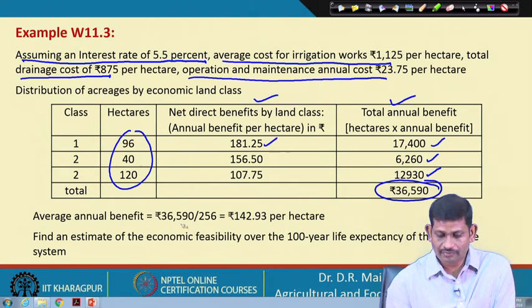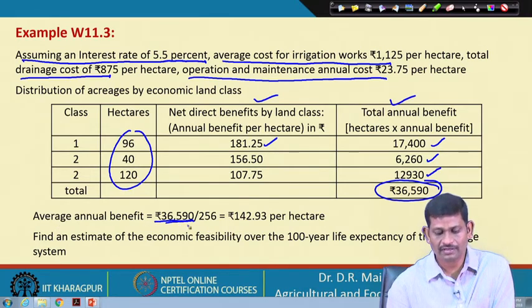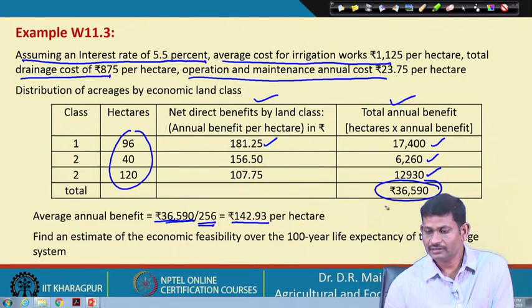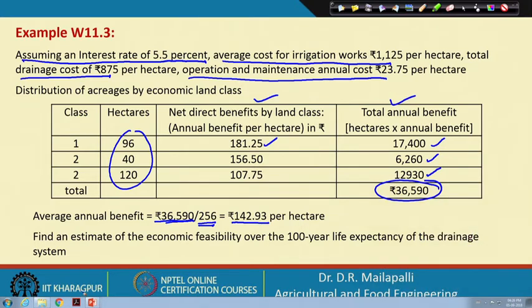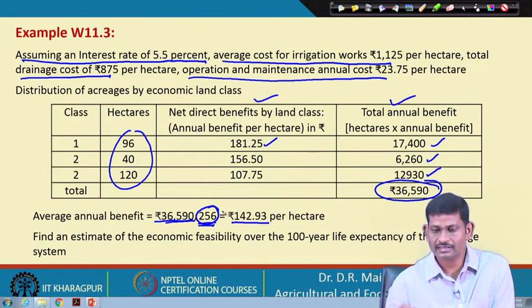So, this is the total, but per hectare, the average annual benefit is 36,592 divided by 256, which is the total area we use for farming. You get 142.93 per hectare.